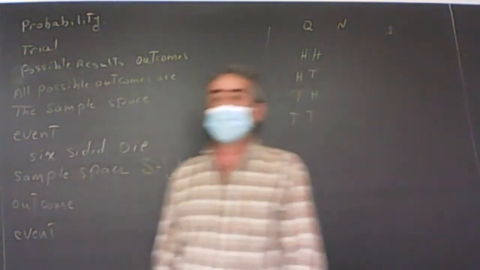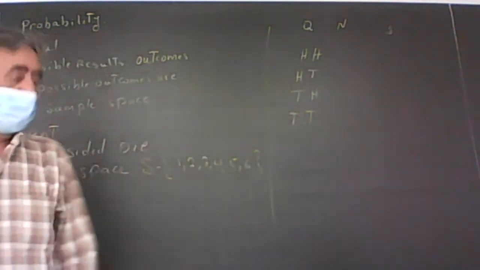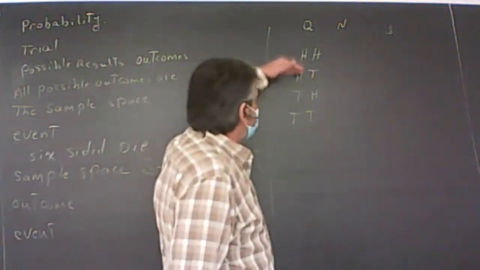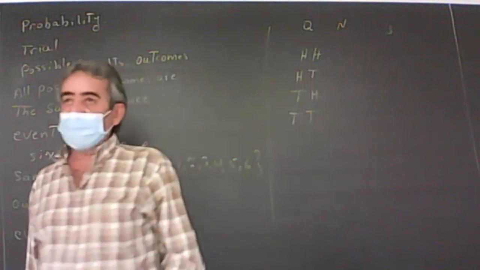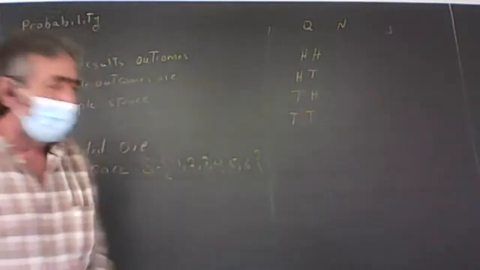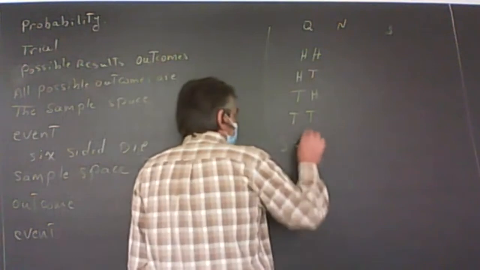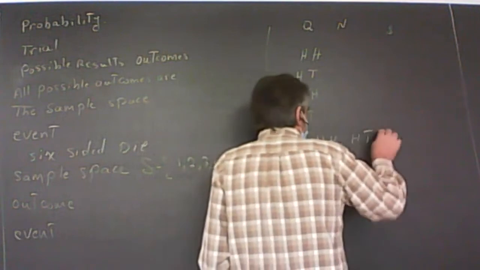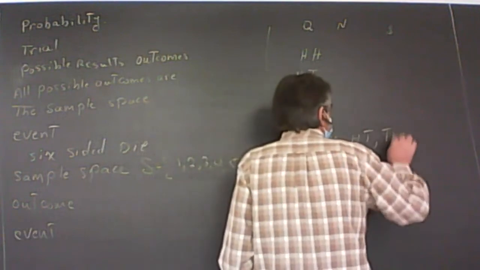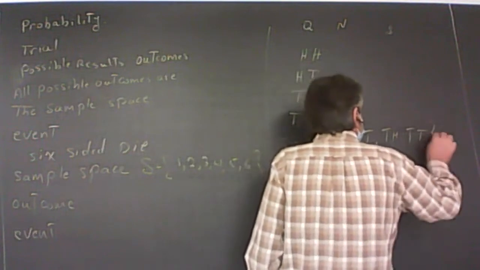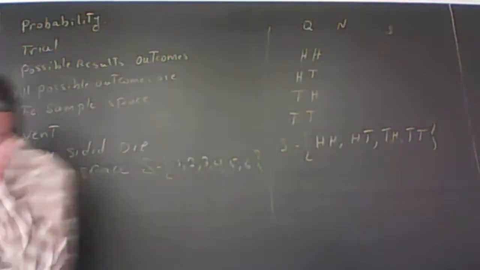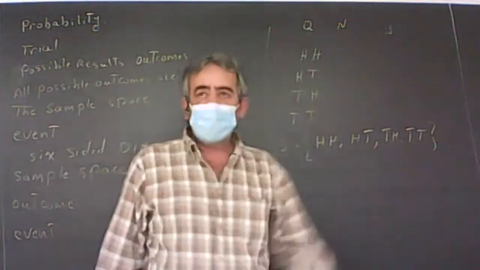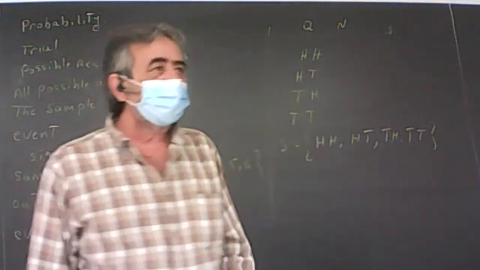So in this particular experiment, or trial, I have 1, 2, 3, 4 different outcomes I could have. So the sample space is, each outcome consists of, say, 2 letters. These are my sample space. Each one of those is an outcome. The event is whatever you make a decision on.